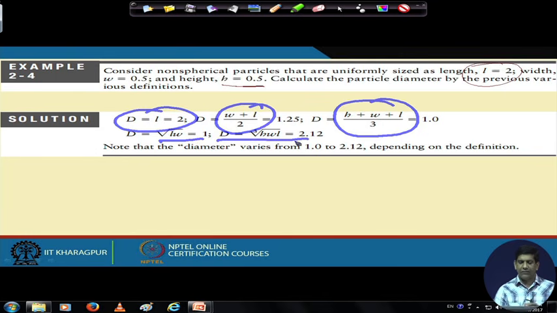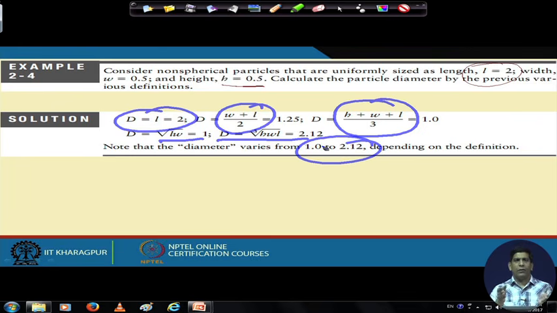So basically there are different ways of calculating it, and what we see is that the value varies from 1 to 2.2 depending on the definition. Whenever you see a diameter calculated for a non-spherical particle, make sure that you understand how it was calculated. Based on how you go about it, these approaches are okay.